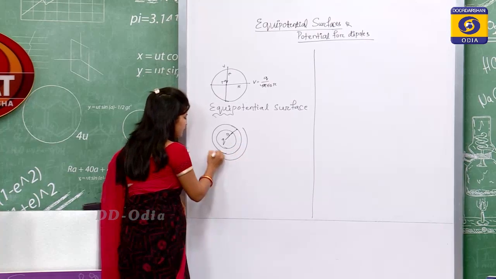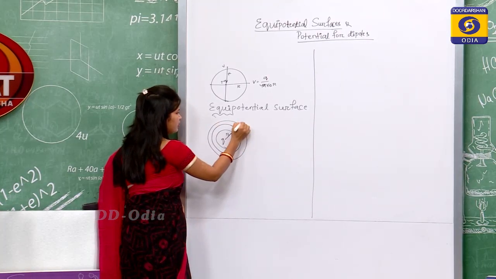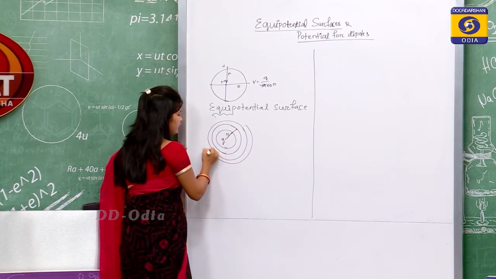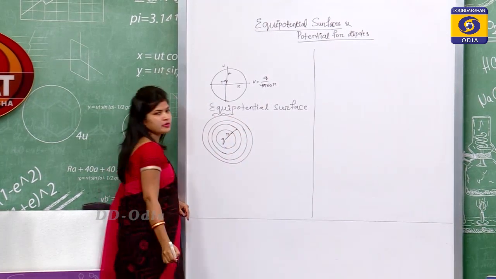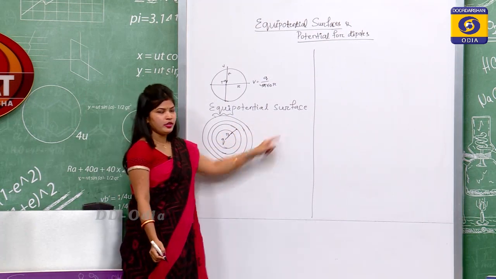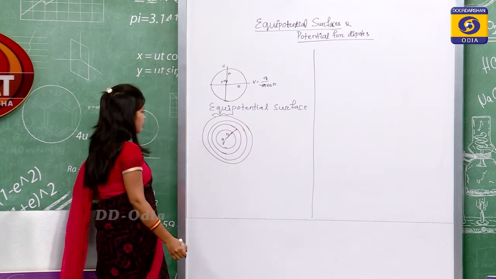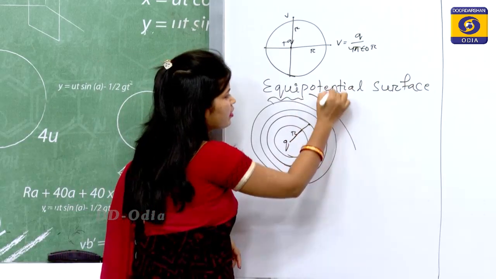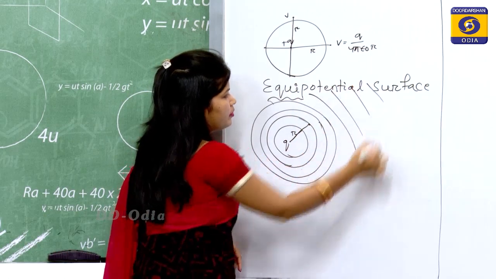So, like this, these are concentric equipotential surfaces. Okay. When I go very far away, then the curvatures will become less.